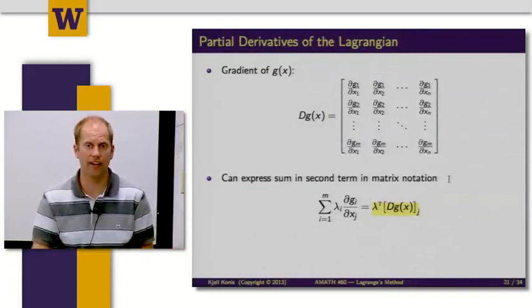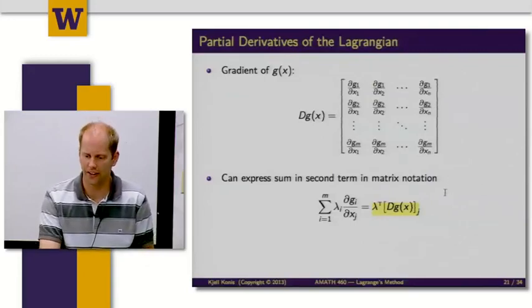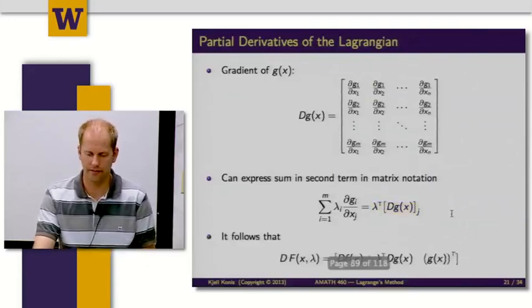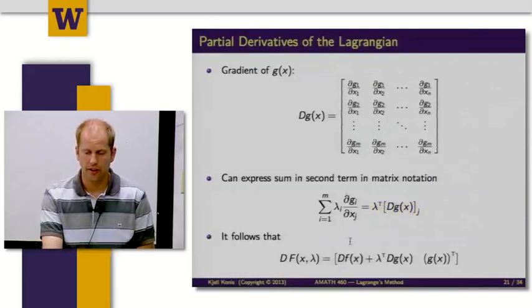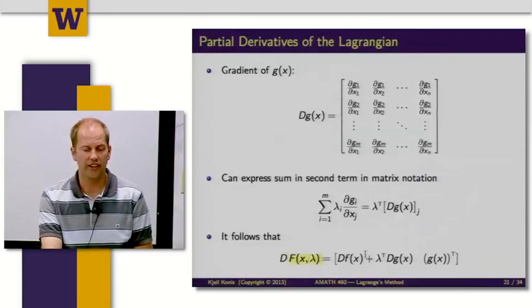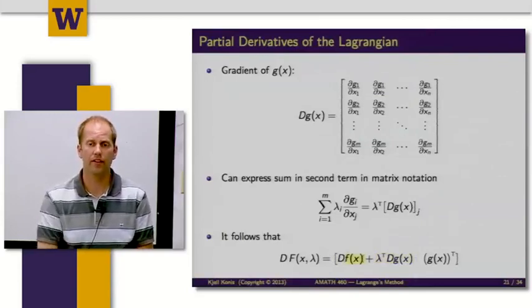I don't have to write out all of these partial derivatives. I can just write it out in terms of gradients. So it follows that my gradient for the whole Lagrangian is going to be the gradient of f plus this thing that I just worked out up here. I'm able to do this plus operation because the gradient of f is going to be a row vector with n elements.